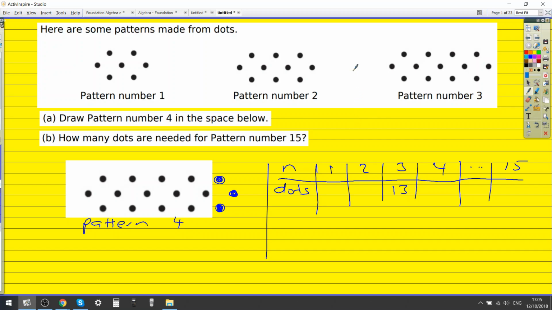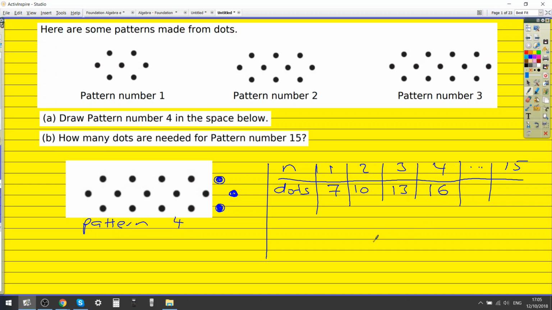From pattern 2, there's 10 dots. Then 7. So it's going to have 3 every time. So 4 would be 16.